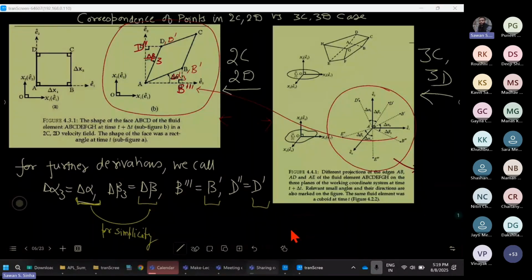What points on the right hand side figure become what points on the left hand side figure. So this point B, what you see here, is the fluid particle B itself, and that is lying on the E1 E2 plane. That point is not only B, but it is also B prime.